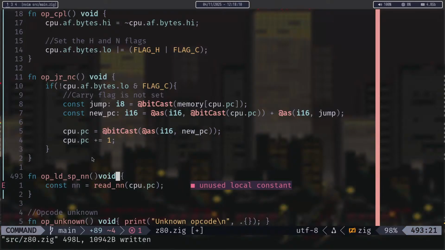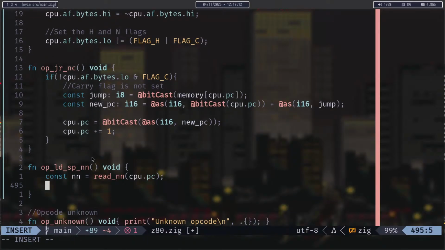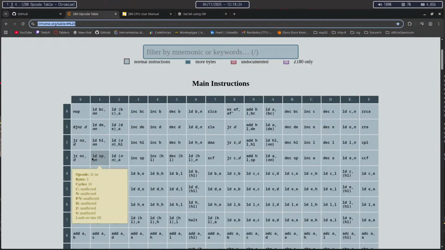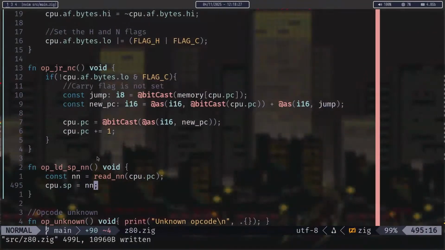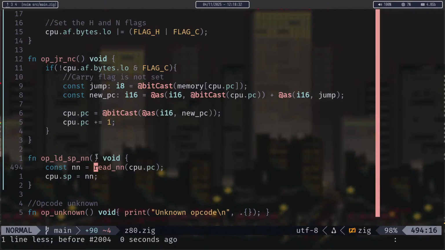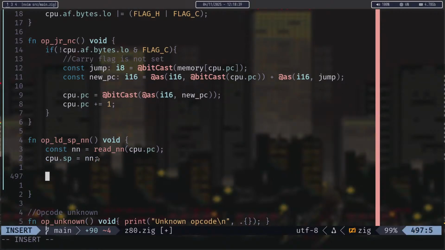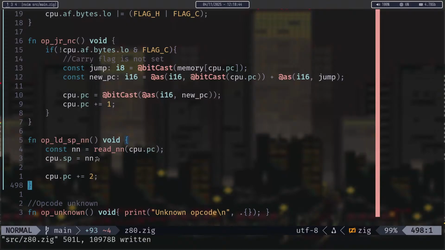Sorry about that. And then I have to say that CPU.SP equals NN. This is what I have to say. And then the rest are unaffected. PC plus equals 2. Alright.